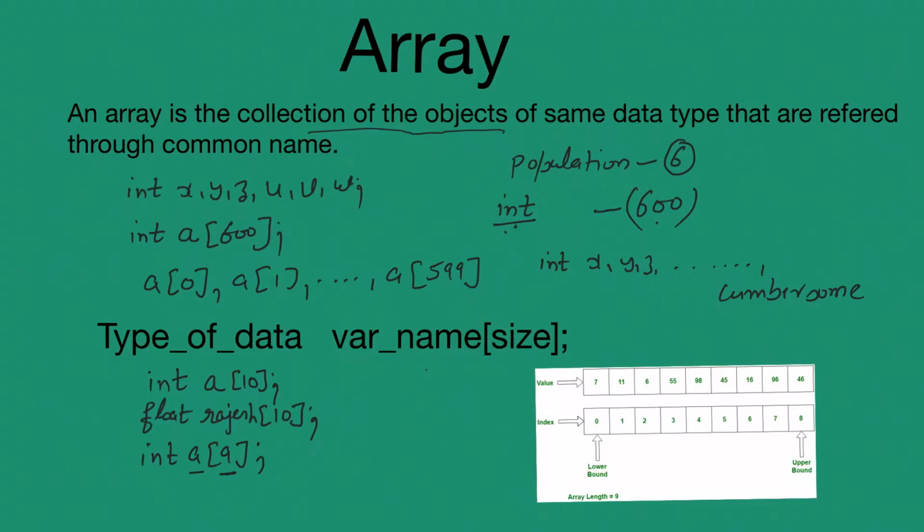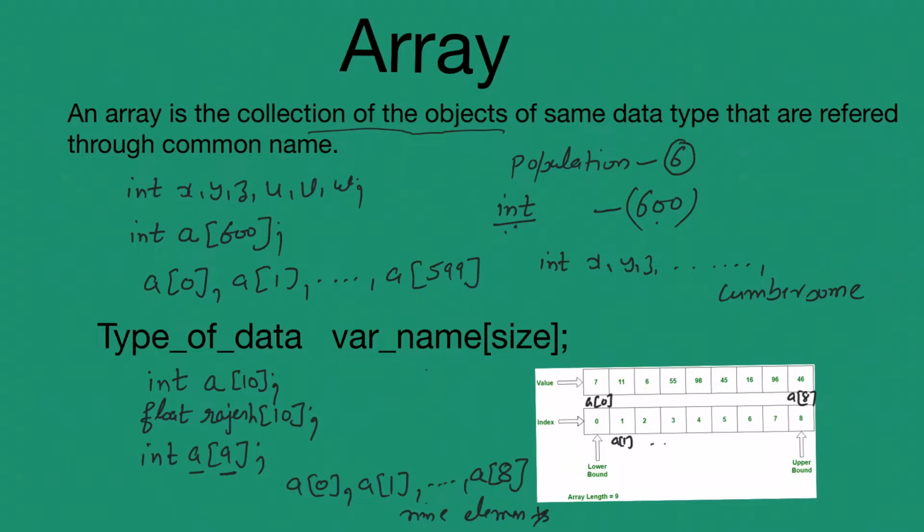This is the memory location for element a0, this is for a1 and so on. The last is the memory location for a8. It has size 9, so its first element will be a0, its next element will be a1, and the last element, the upper bound element, will be 9 minus 1. So from 0 to 8 we have 9 elements.